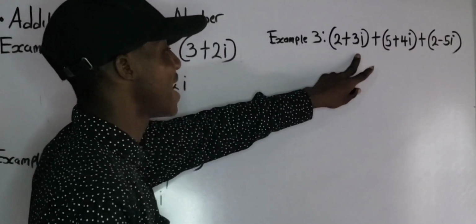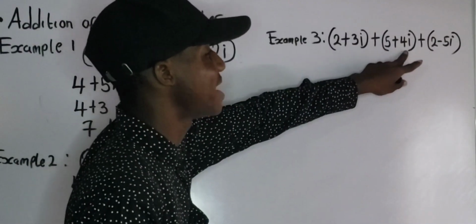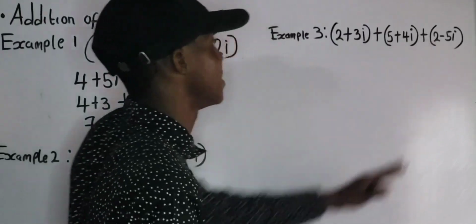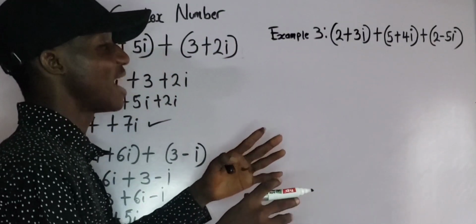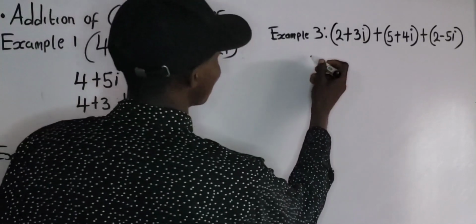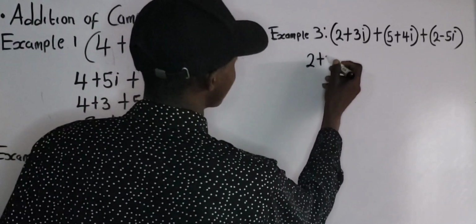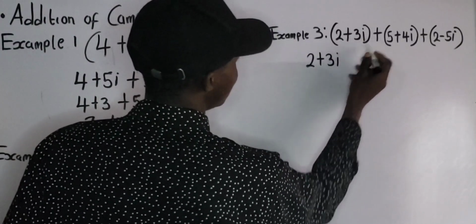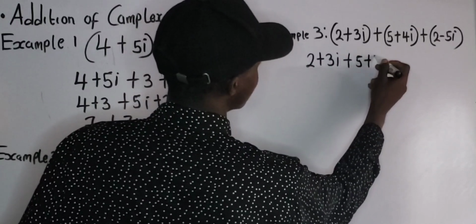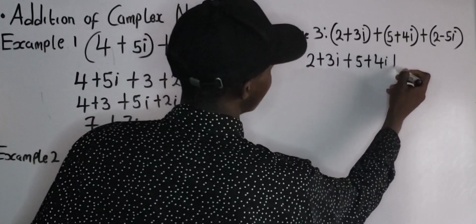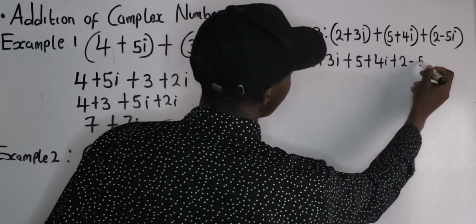2 plus 3i, plus 5 plus 4i, plus 2 minus 5i. So now I told you that you just have to open the bracket and then collect like terms. So for this I'm going to have 2 plus 3i, then this addition sign, plus 5 plus 4i, plus 2 minus 5i.